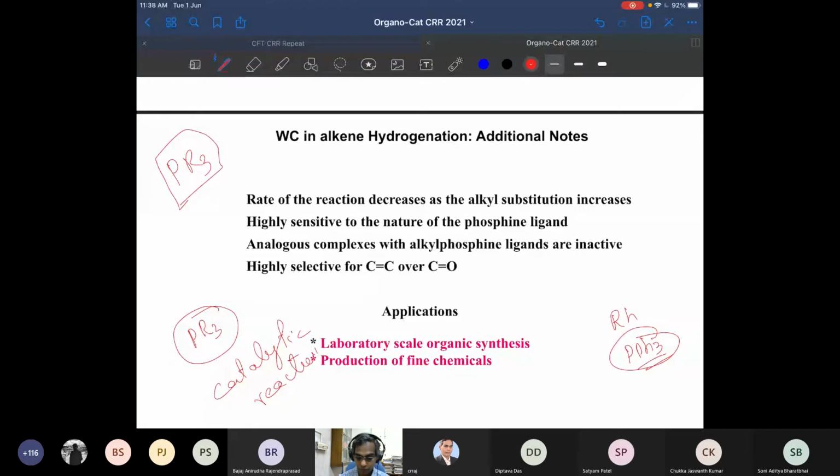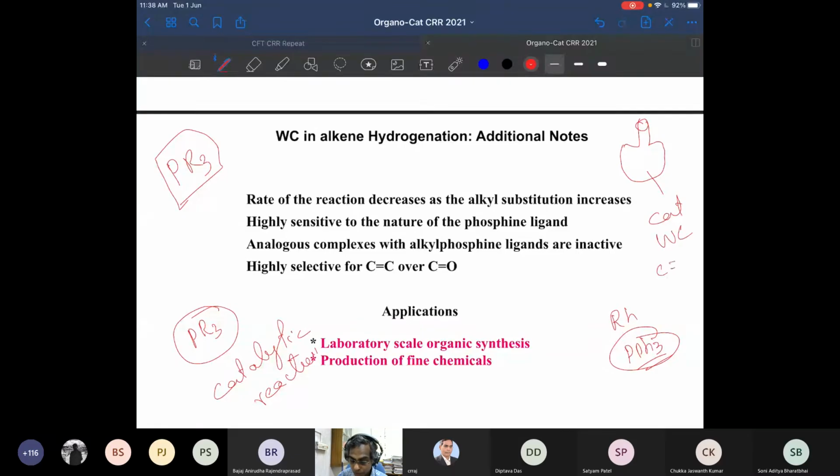And another one, right? If I carry out this entire hydrogenation reaction in the presence of excess triphenylphosphine ligand, I repeat, I have a round bottom flask, my reaction vessel. Here I have a catalyst, that is Wilkinson catalyst.